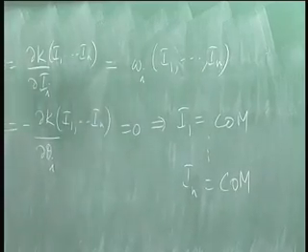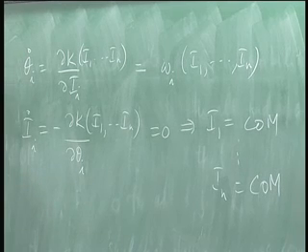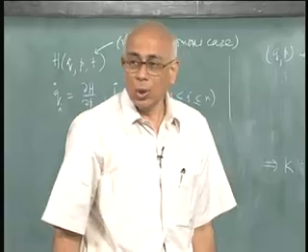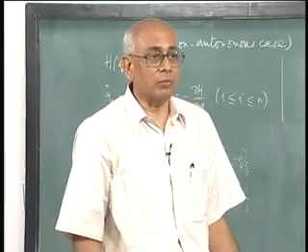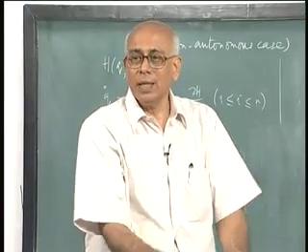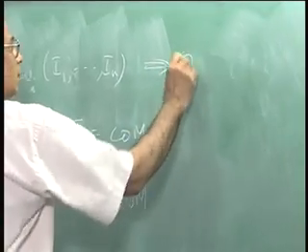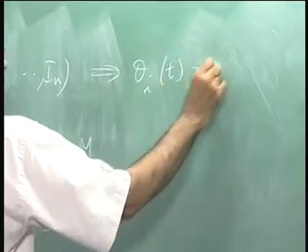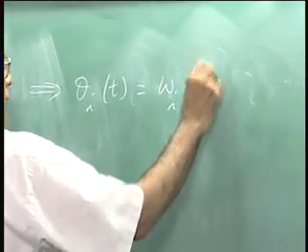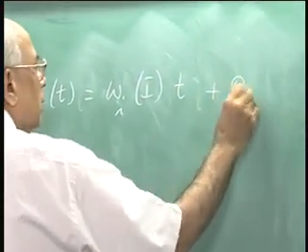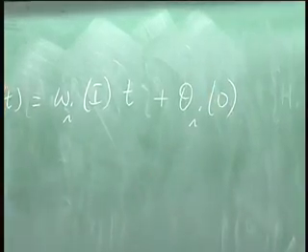Do the omega i's depend on time? No, because the I's are all constants of the motion. For a given set of initial conditions they remain unchanged in time. So what is the solution to this equation? Theta i equals omega i, a function of all the I's, times t, plus theta i of 0, and the problem is solved.